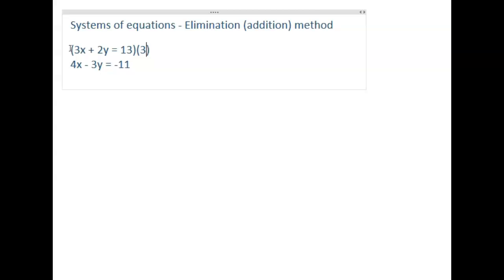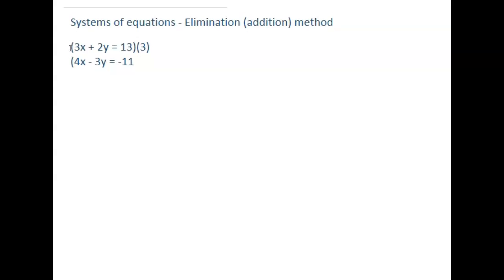If I multiply the bottom equation by 2, that's going to give me 2 times negative 3y is negative 6y. I'll have positive 6y in the top equation, negative 6y in the bottom equation, and that's what I'm going for, opposite coefficients.